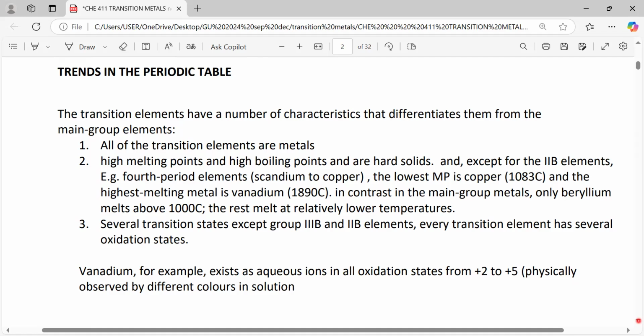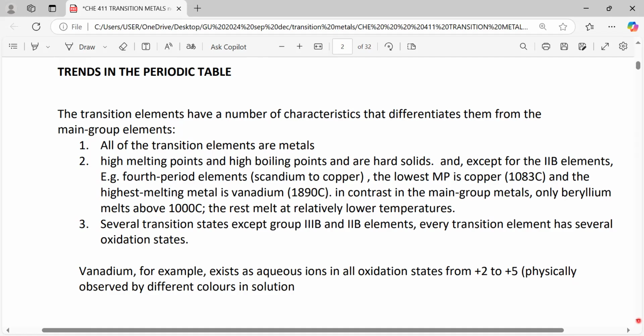Then several transition metals, except for group 3B and 2B, have several oxidation states. For example, vanadium exists as aqueous ions in all the states from +2 all the way to +5, meaning there is +2 vanadium, +3 vanadium, +4 vanadium, and +5 vanadium.